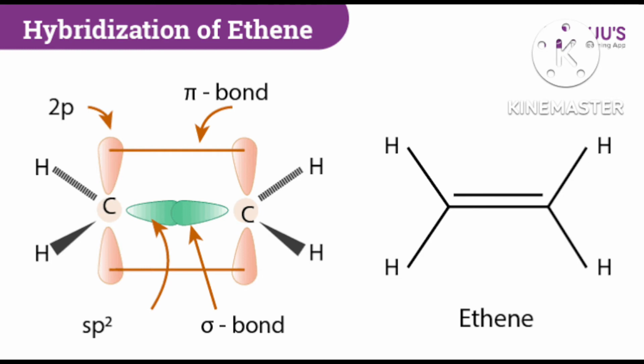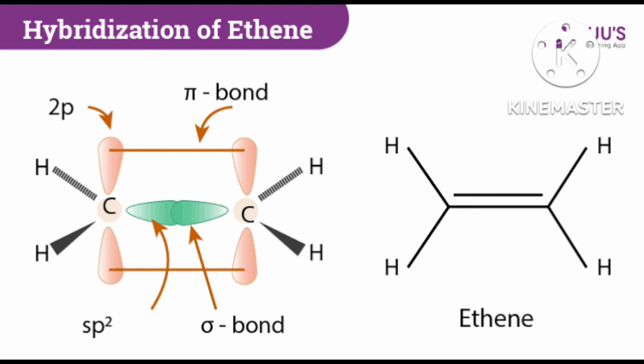Okay, each of the two unhybridized p orbitals of both carbon atoms overlap sidewise to form 2 pi bonds between the carbon atoms. This is important. Each carbon will make a bond with hydrogen, like in the other two, methane and ethene.